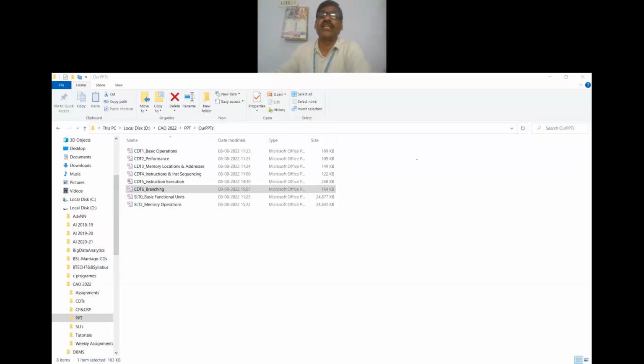So R2 is loaded with number 1 and R3 is loaded with number 2, and I am adding R2 and R3 and again storing into R2. That means the previous value of R2 will be replaced with the new summation value.